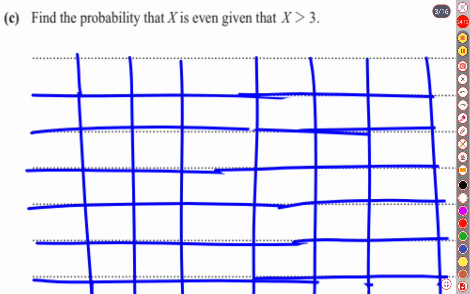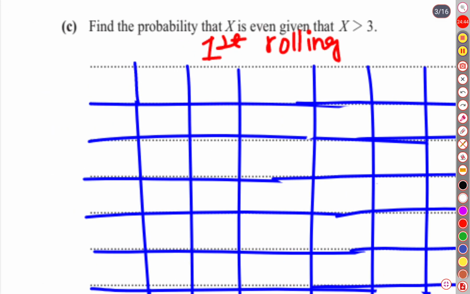Well, this is our table. Let's write when the dice was rolled once. So first roll. Here we can write first rolling, and this is second rolling.